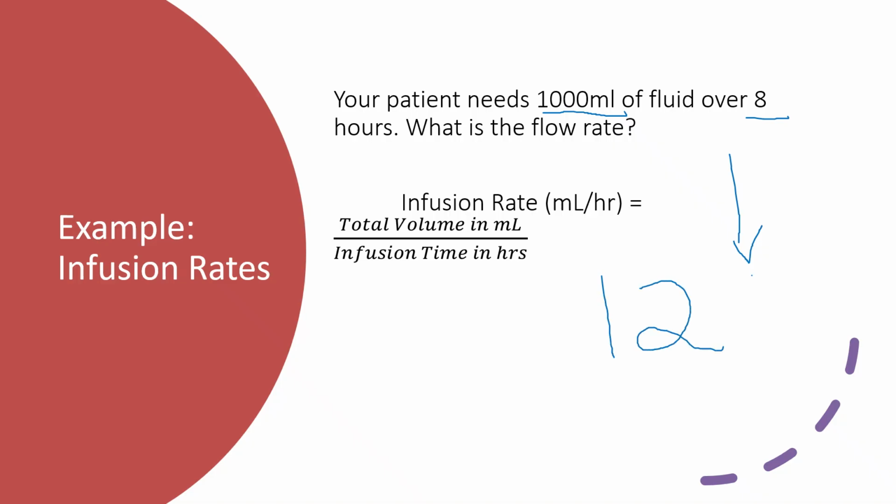And when we're talking about infusion rates, we're always talking about mils per hour. And I really do not enjoy writing on this because my finger is cramping. Okay, so very simple. Volume divided by time in hours.